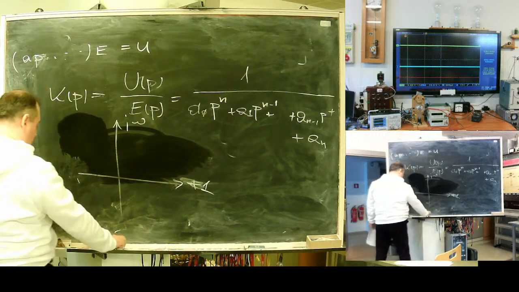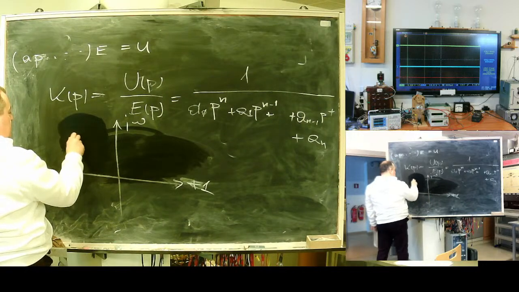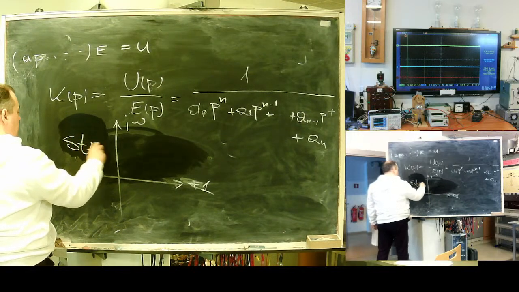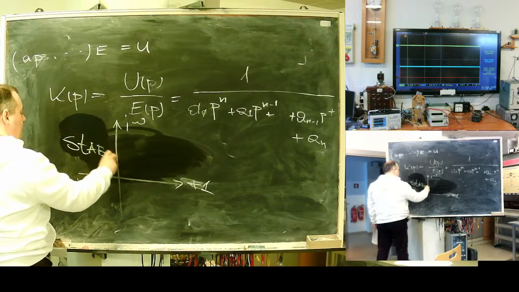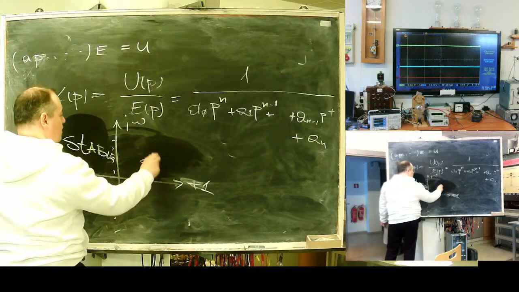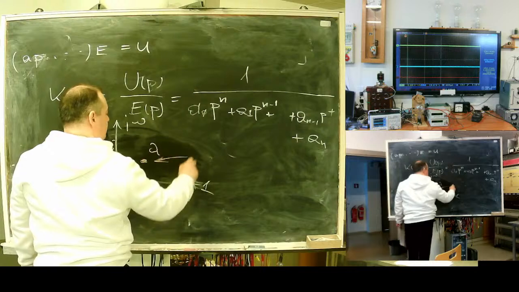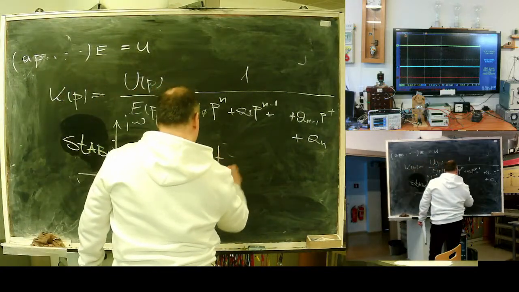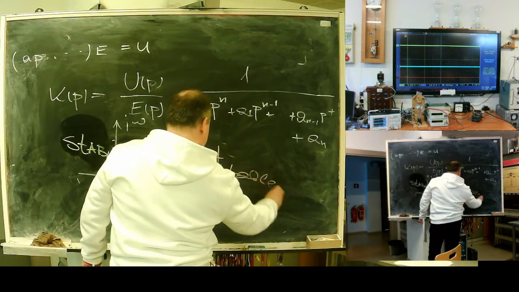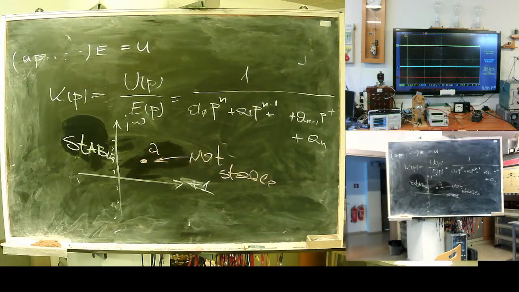So if all poles are on the left side, this is the area of a stable system. If you have one lambda on the right side, it is not stable. Poles on the left, stable. One on the right, non-stable.